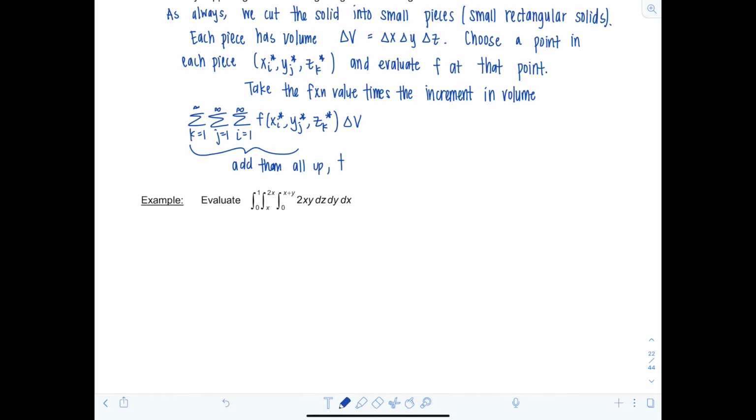Then you take that limit, and you end up with your triple integral over E of f of x, y, z dV.